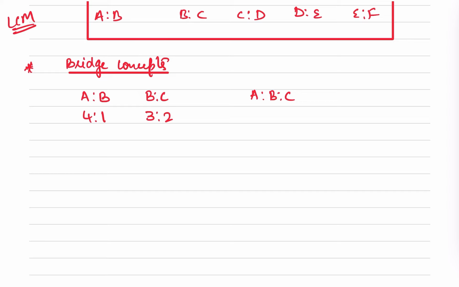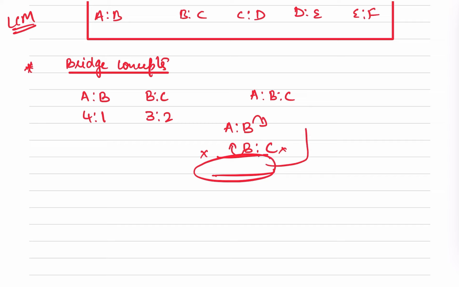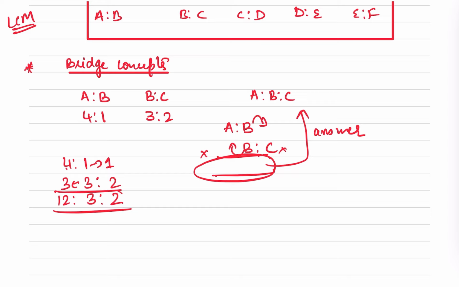Then what you do is write A is to B and B is to C, copy this here, copy this here, and multiply, and whatever ratio you get is the answer. That is, 4 is to 1, 3 is to 2: you copy 1 here, you copy 3 here, 3 4s are 12, 3 1s are 3, 2 1s is 2. So this is the final ratio.